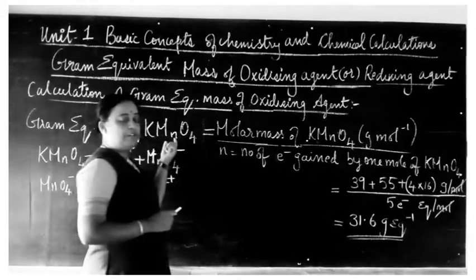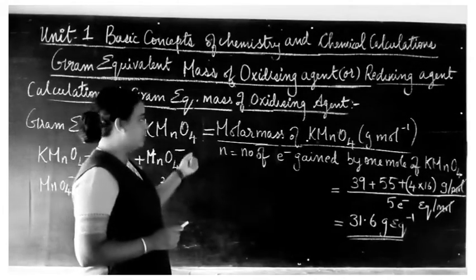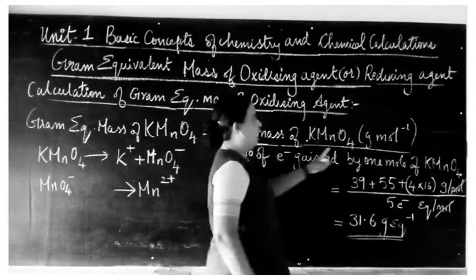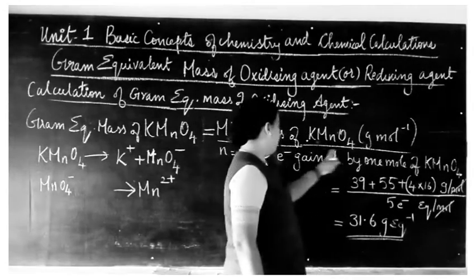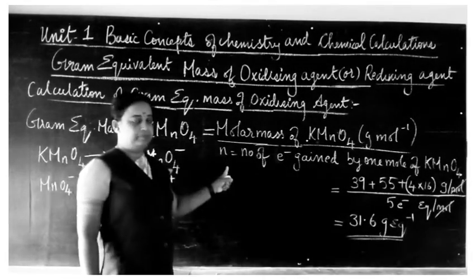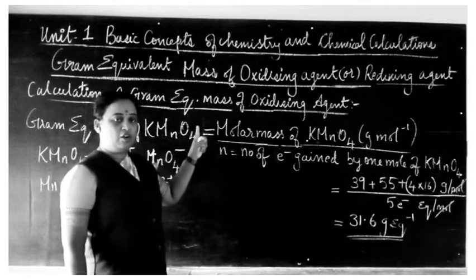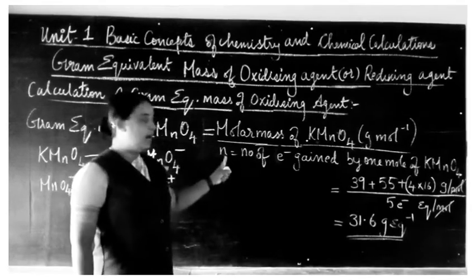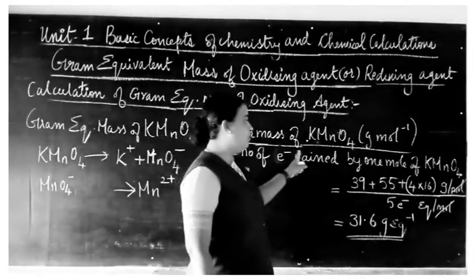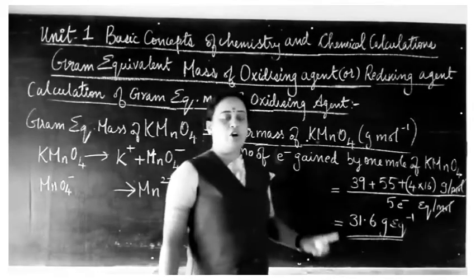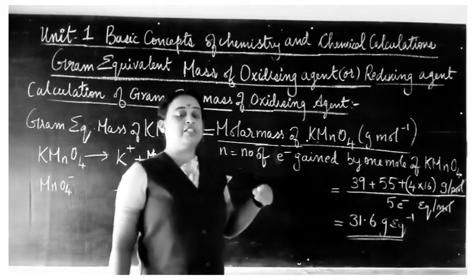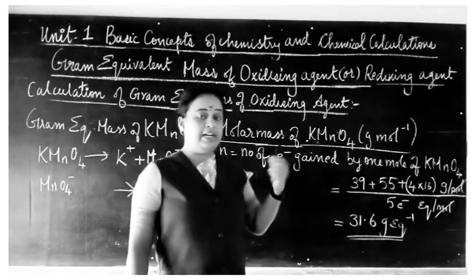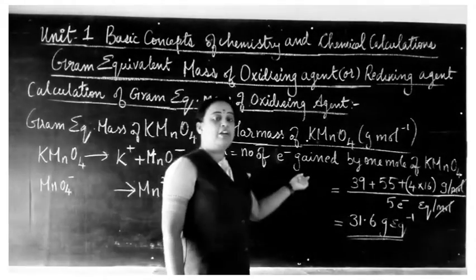Because KMnO4 is acting as an oxidizing agent, the formula is molar mass of KMnO4, unit gram per mole, divided by equivalence factor N. Because it is an oxidizing agent, N will be the number of electrons gained by 1 mole of KMnO4. An oxidizing agent oxidizes other substances and reduces itself, and reduction is the gain of electrons.